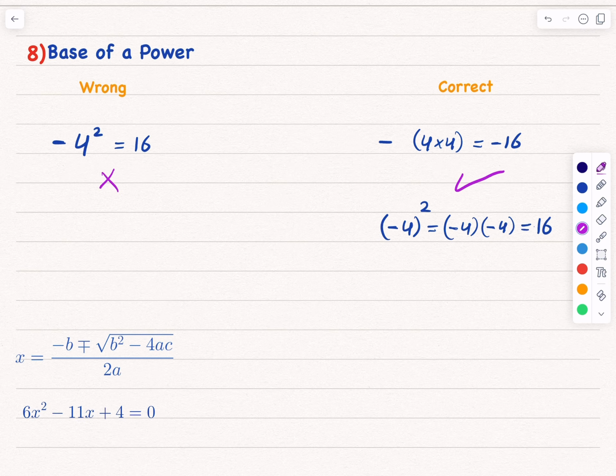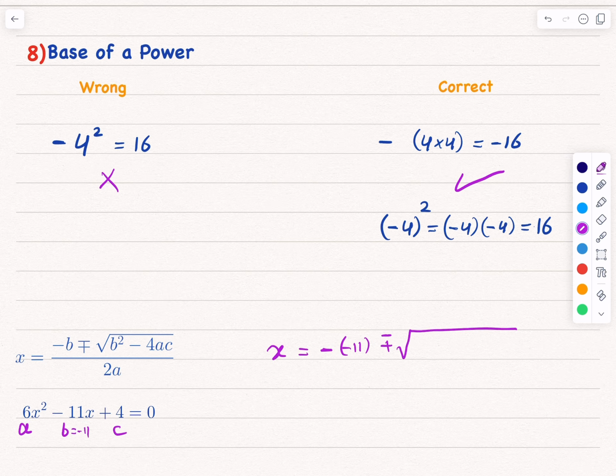A very common mistake with this in the calculator is when students try to solve some quadratic equations like this using the quadratic formula and the calculator. Here, as we see, a is equal to 6, b is negative 11, c is 4. So when they put it in the calculator, they put it like this. Negative b, so negative 11 plus or minus.